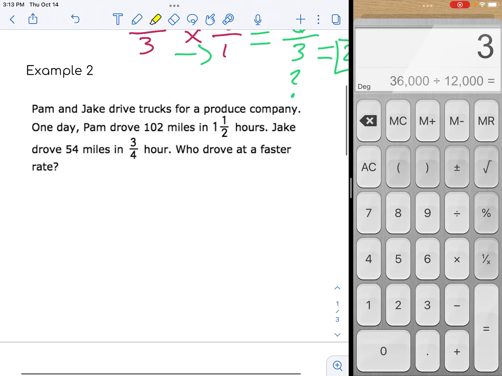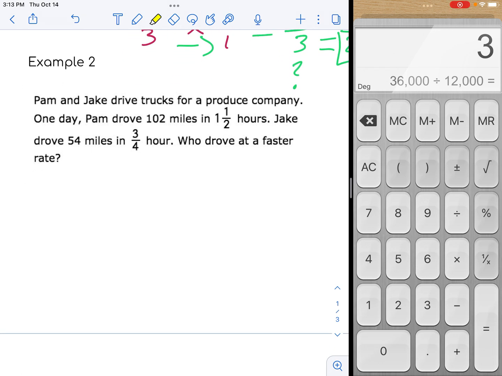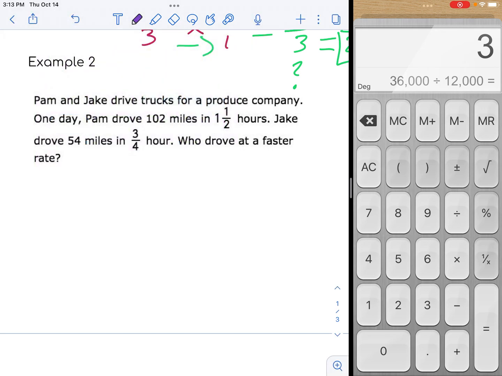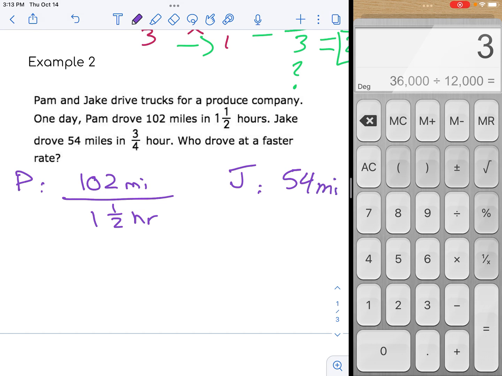Example 2, Pam and Jake drive trucks for a produce company. One day, Pam drove 102 miles in 1.5 hours. So Pam is driving 102 miles in 1.5 hours. Jake drives 54 miles in 3/4 hour.